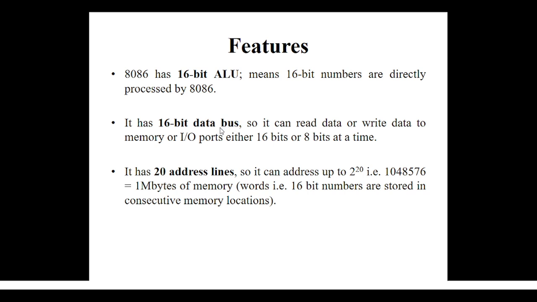It can read and write data only 16 bits or 8 bits at a time. 8086 consists of a 16-bit ALU, that is the arithmetical logical unit, so it can perform arithmetical operations on only 16-bit as well as 8-bit data.